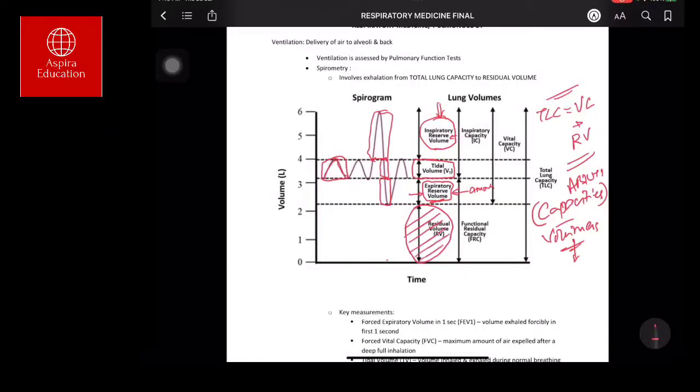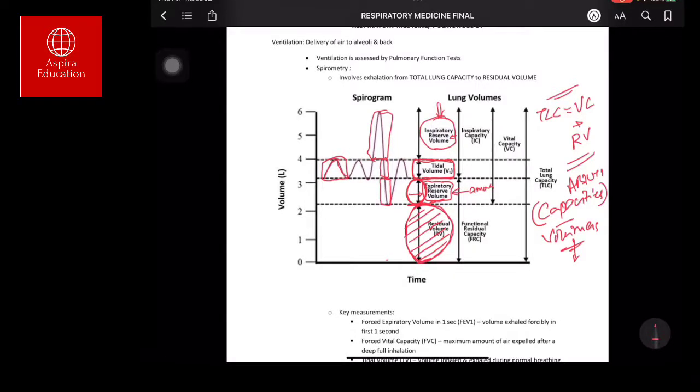If we are breathing normally at tidal ventilation, the expiratory reserve volume is also not leaving the lungs, because it will leave if you would want to. And there is a volume which will not leave the lungs even if you would want to.